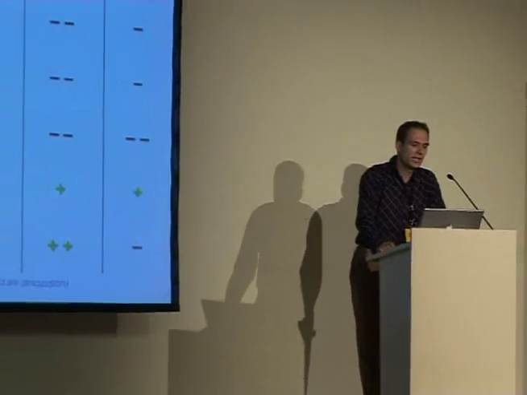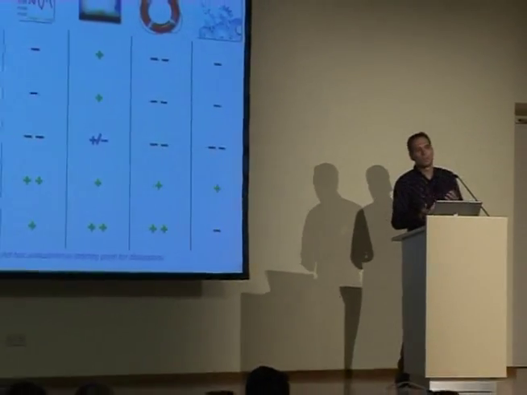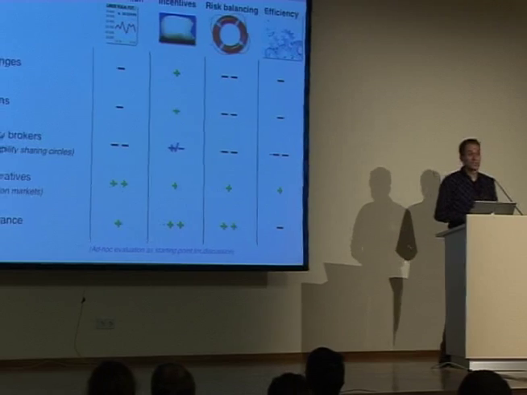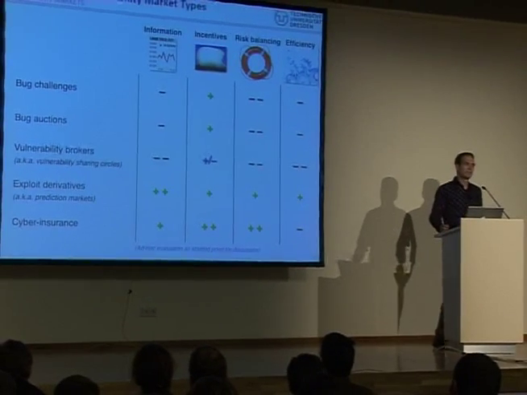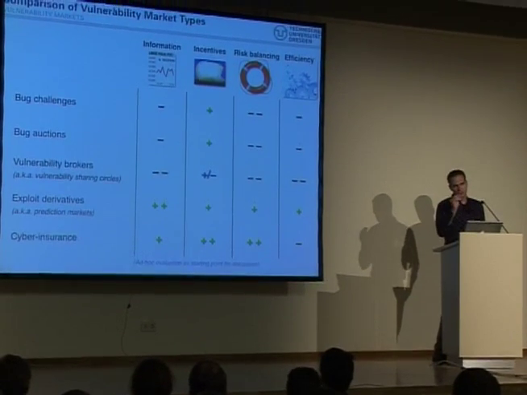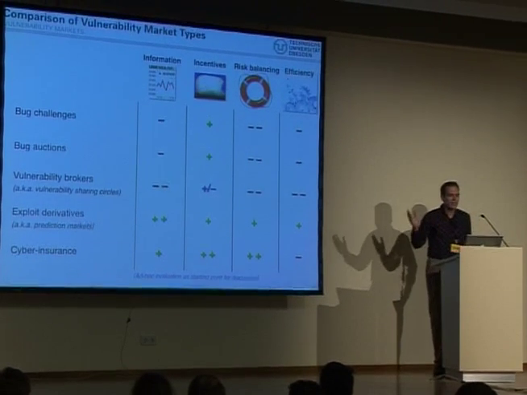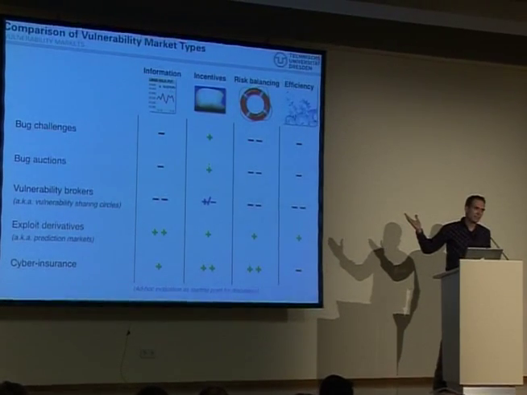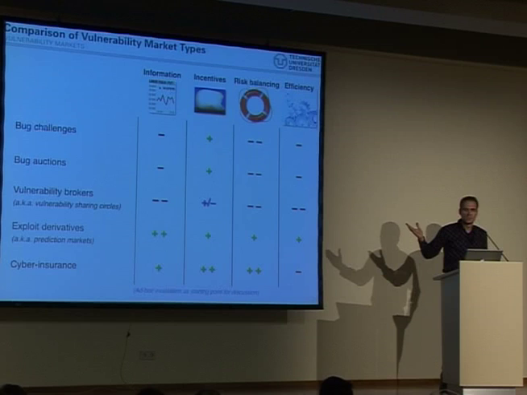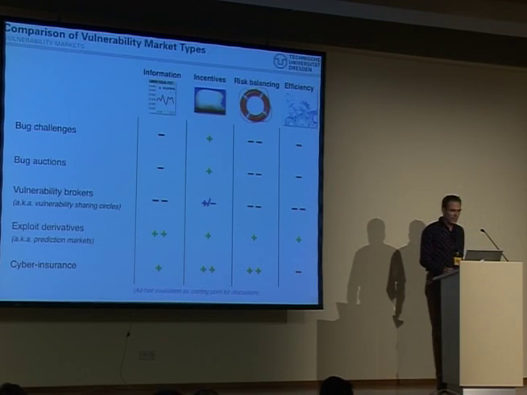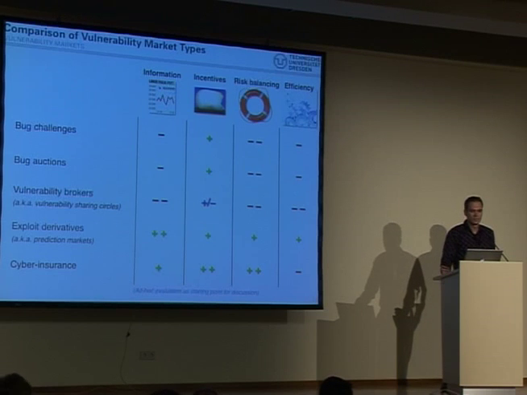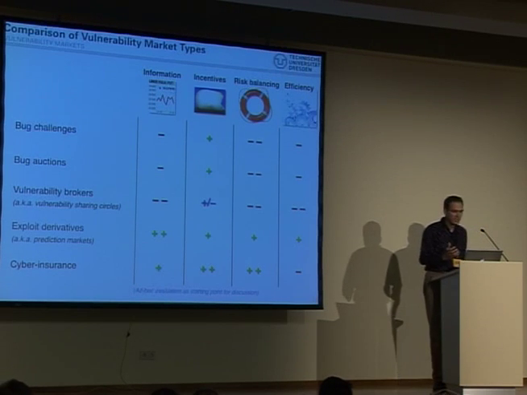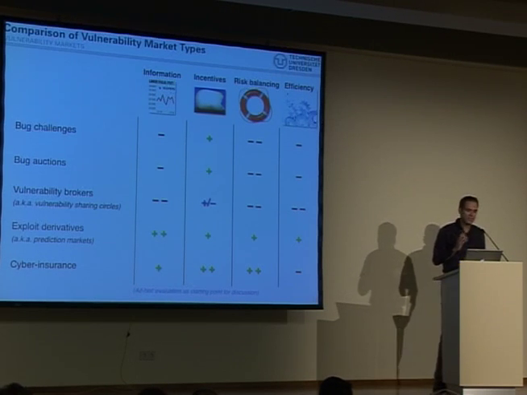It's more like an initial point for discussion, and I tried to value qualitative arguments for each of these combinations, and to foster a discussion on how accurate this assessment is, and how well different types of vulnerability markets do. You see that all markets create a kind of incentives, but some are suboptimal in other functions.